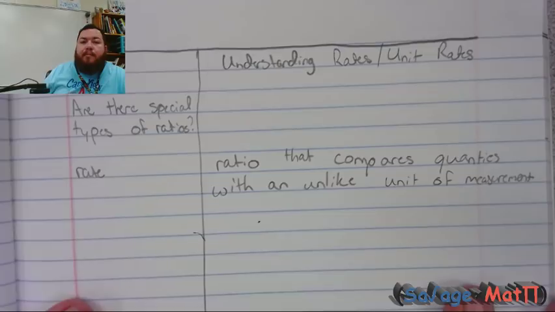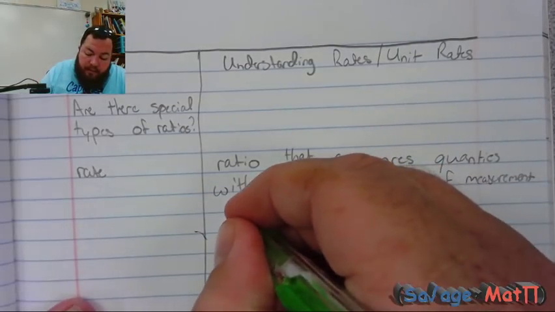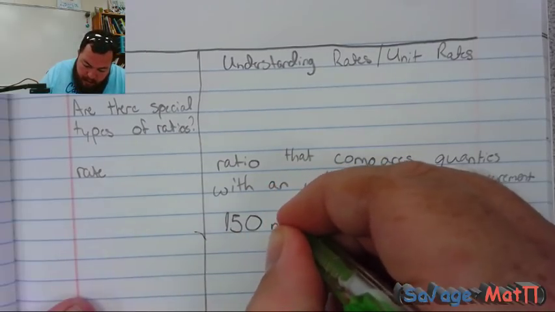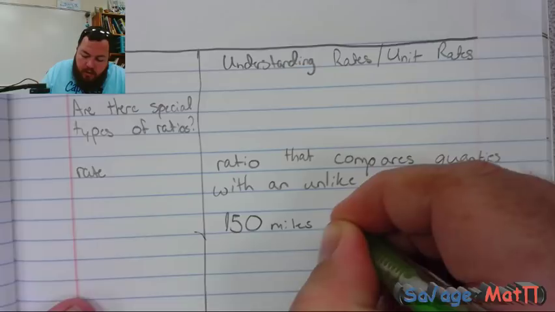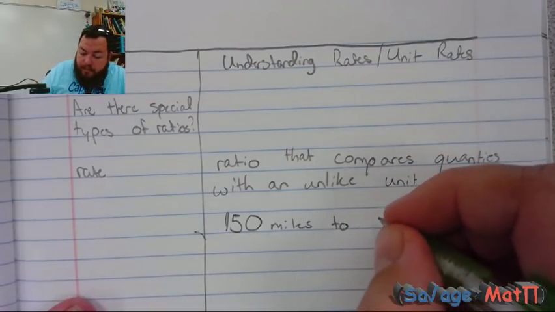One example of that special type of ratio would be 150 miles to 3 hours.